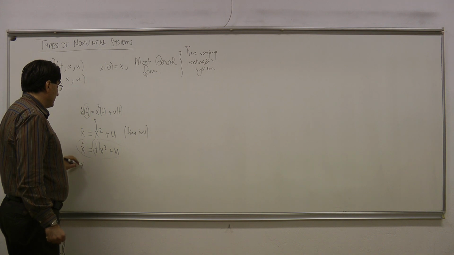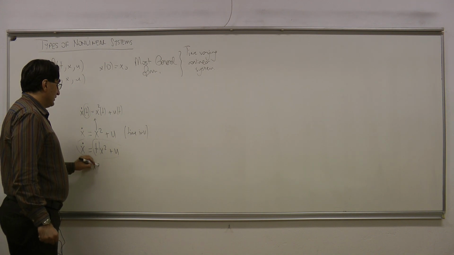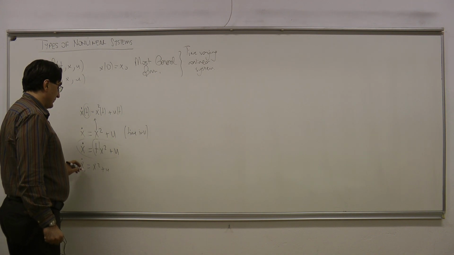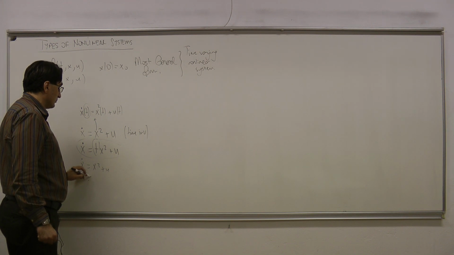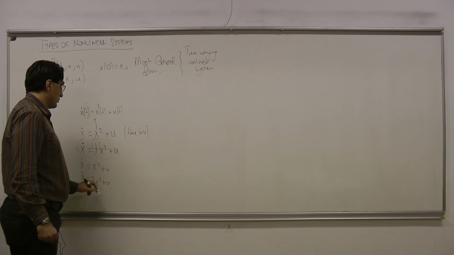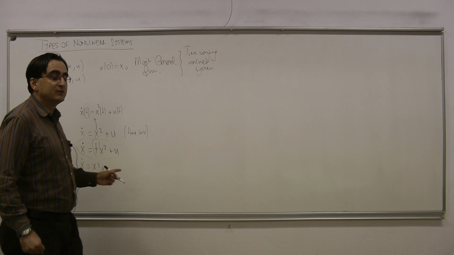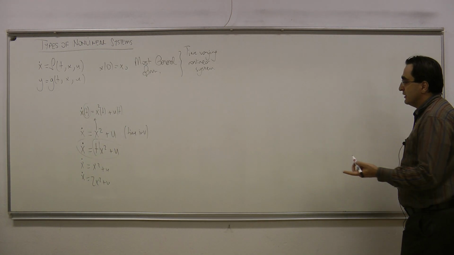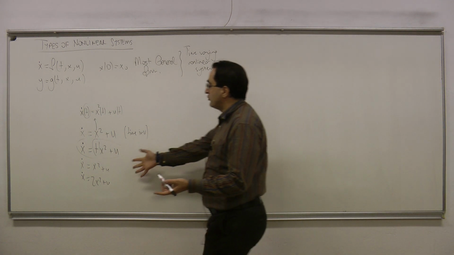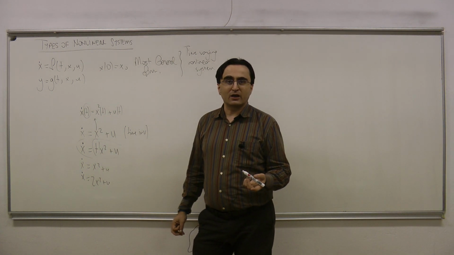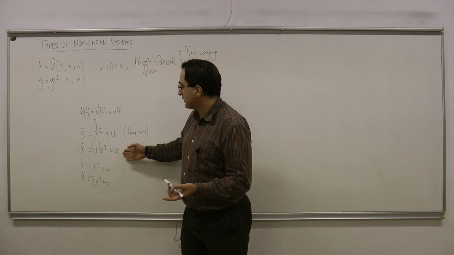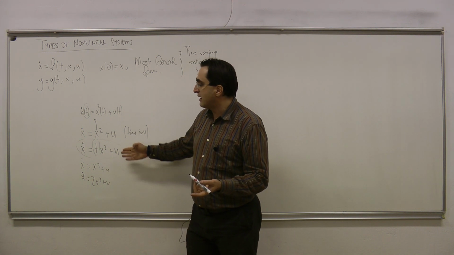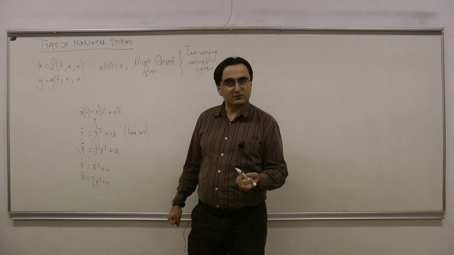So at time t equal to 1, this differential equation is satisfied. At time t equal to 2, this differential equation is satisfied. These are definitely different differential equations. So the differential equation describing x and u is changing with respect to time in that case. That is why such a system would be a time-varying nonlinear system.